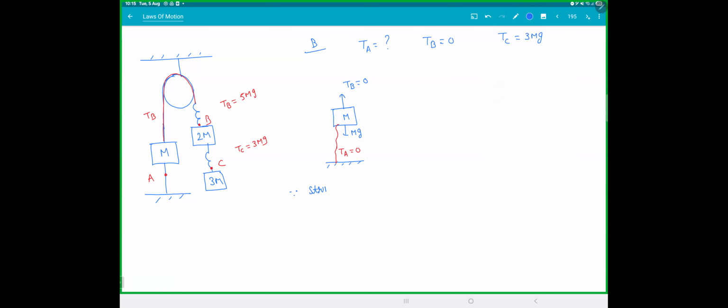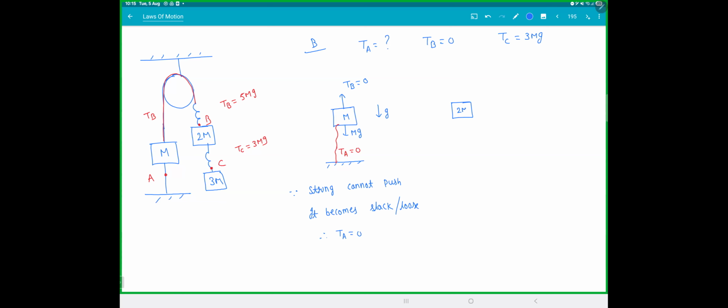If that had been a rod, it would have been a different story. Since a string cannot push, the moment mg comes down, immediately it becomes slack, or loose. Therefore, tension at A becomes 0. That means this thing will just fall with g. So the moment you cut at B, the block M will fall with g.